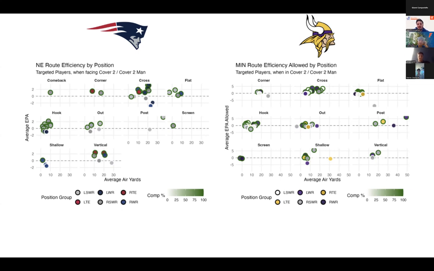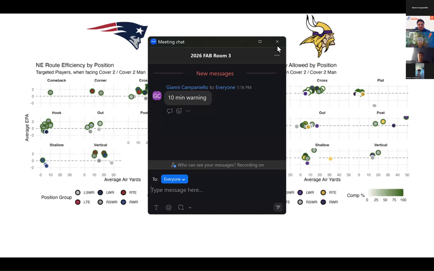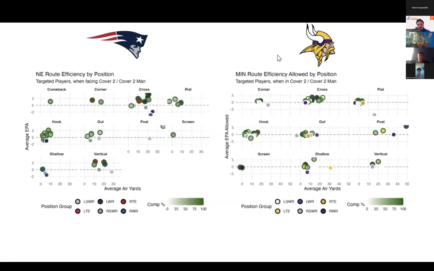Obviously, we know that Drake Maye had a very good year. We can also see this is a weakness for Minnesota's defense because they allow a high EPA, almost 5 actually, on the crossing routes.